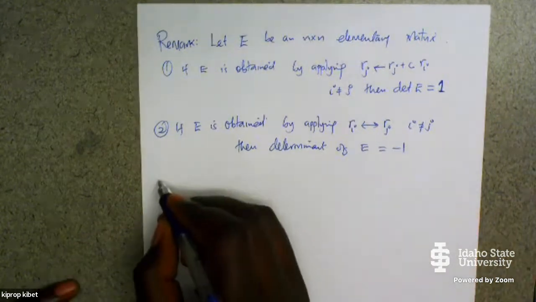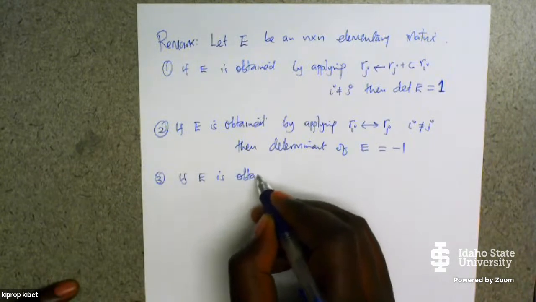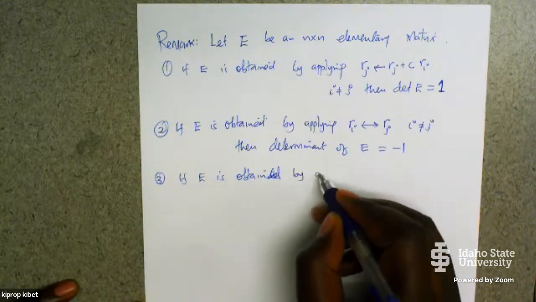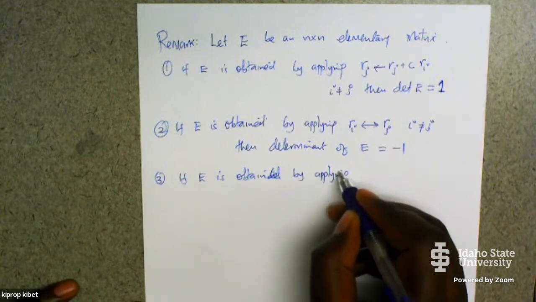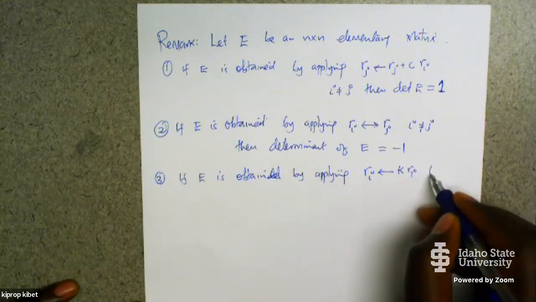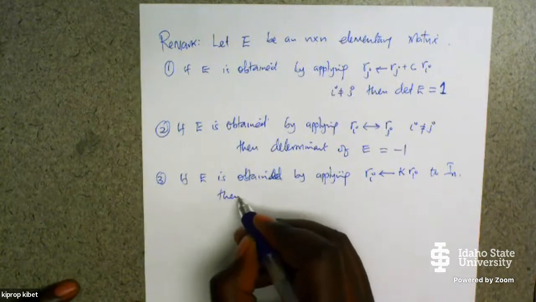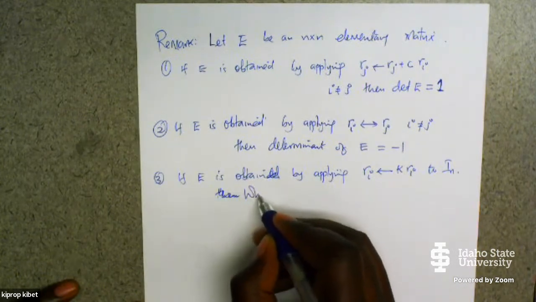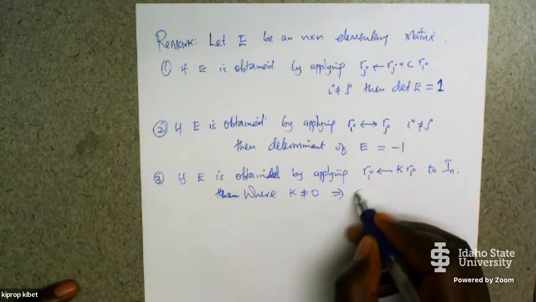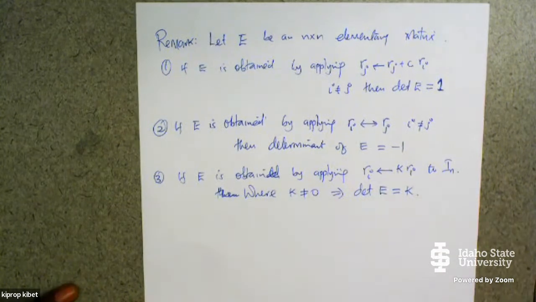Then number 3, if E is obtained by applying Ri to get K Ri on the identity matrix In, where K is not equal to 0, then the determinant of E is equal to K.